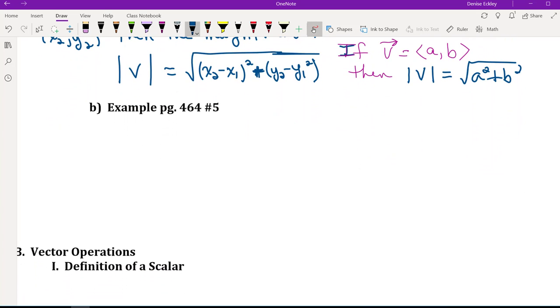Okay, so page 464, number 5, a little example. We have these points.